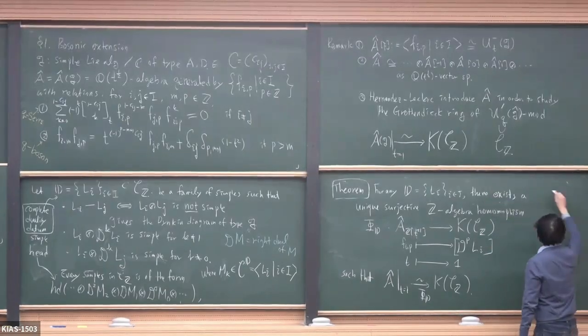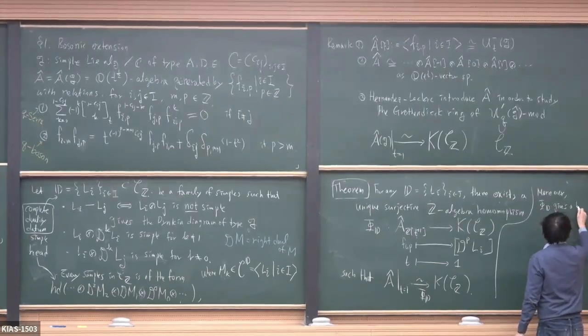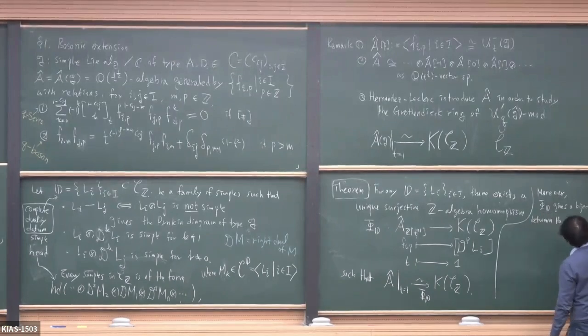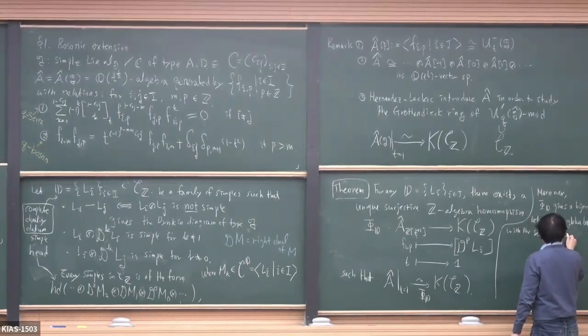And moreover, phi_D gives a bijection between the global basis and the set of simples in the category C_G. I do not give the definition of the global basis, but there is a very nice basis for the bosonic extension, which we call the global basis.